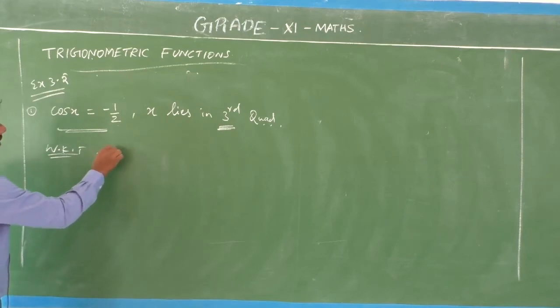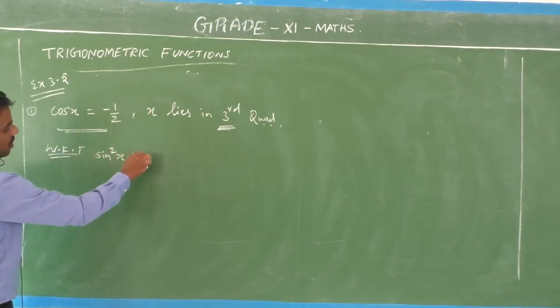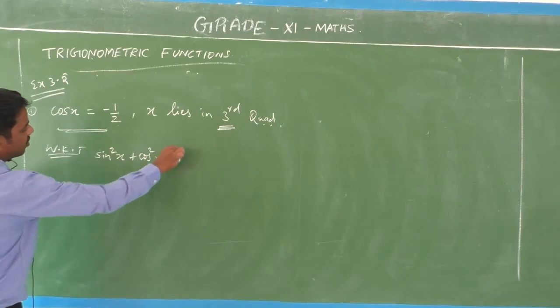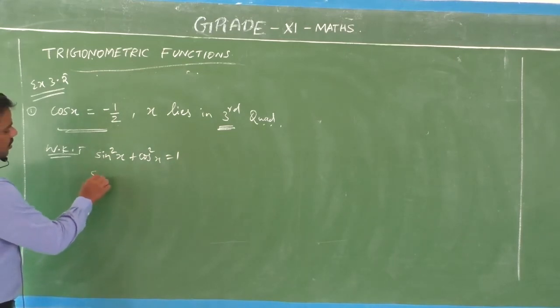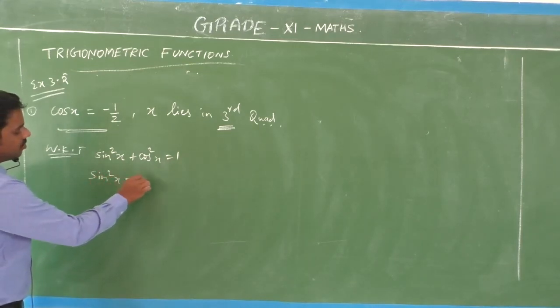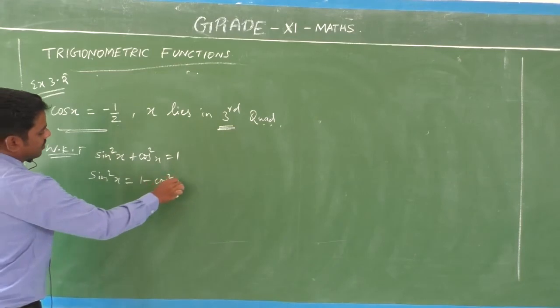We know that sin squared x plus cos squared x is equal to 1. Then sin squared x is equal to 1 minus cos squared x.